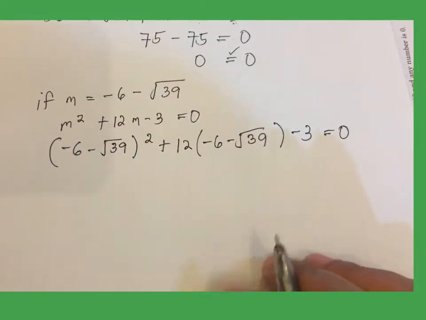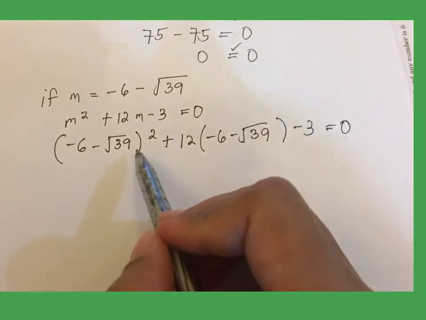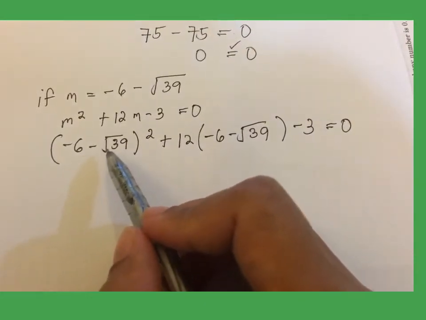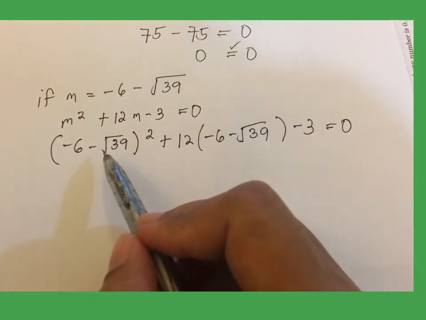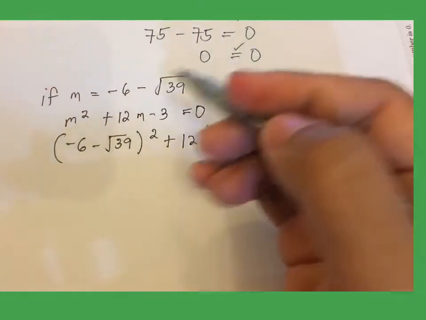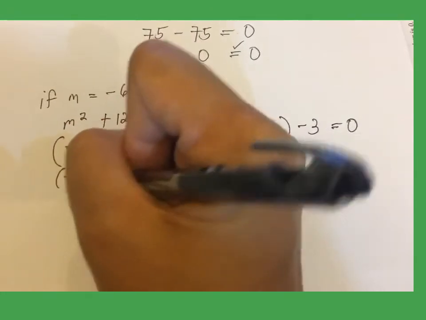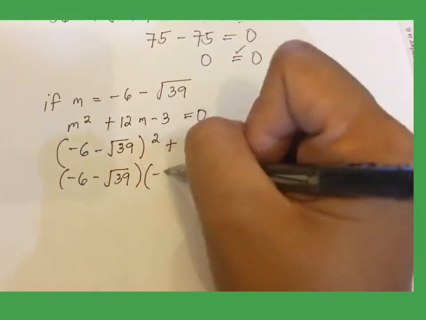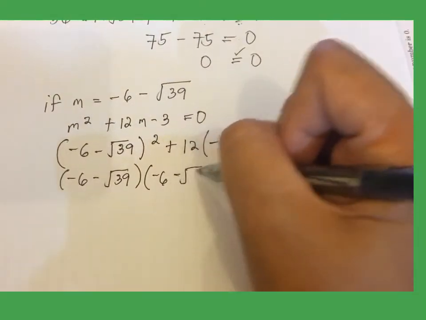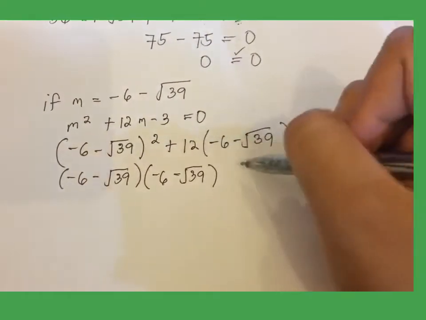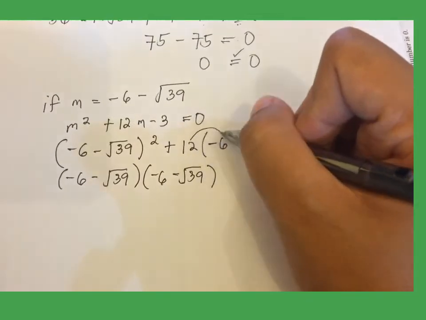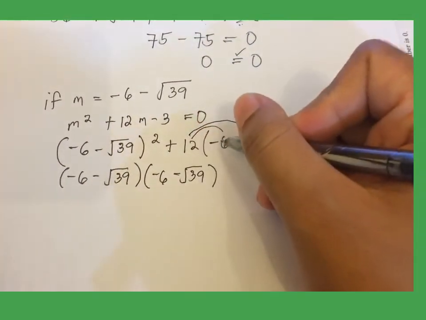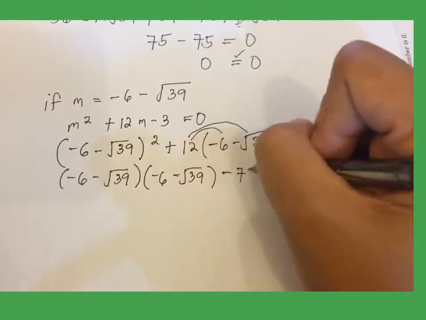Now, as we did earlier, we can expand this into negative 6 minus square root of 39 times negative 6 minus square root of 39. But for the other term, we can already apply the distributive property. 12 times negative 6 is negative 72.